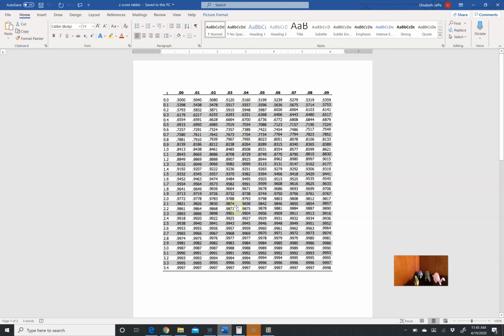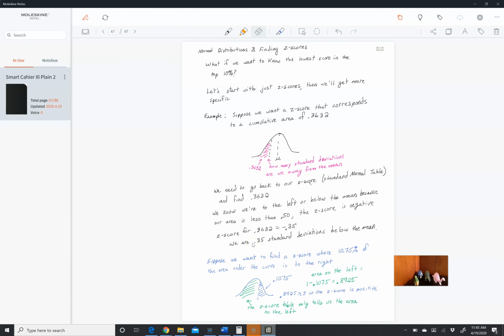So it's 1.24. And that's our z-score. And that's all that we're looking for. And I'm going to box it because I didn't organize this part well. That's the z-score. Okay. Let's do another one.